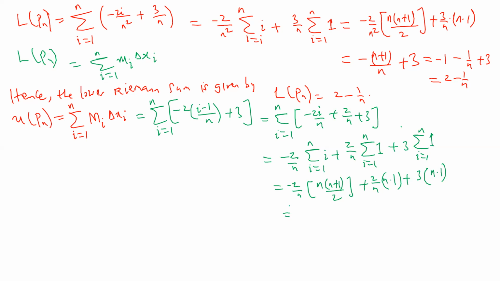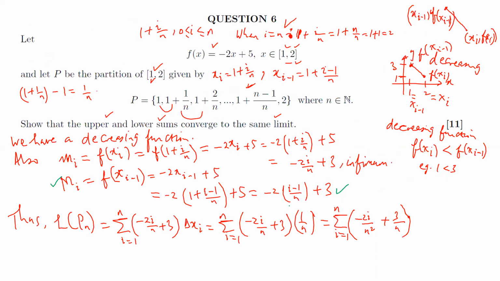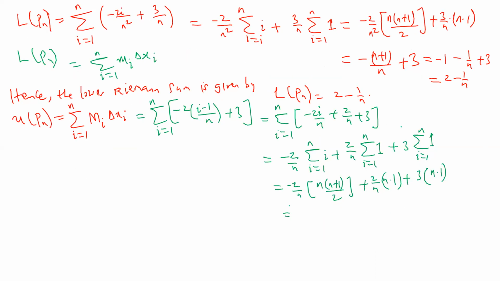Did I do the other one well there? Let's see. I forgot. Right, remember that there's delta xi. You can see something is missing here. So delta xi is 1 over n.